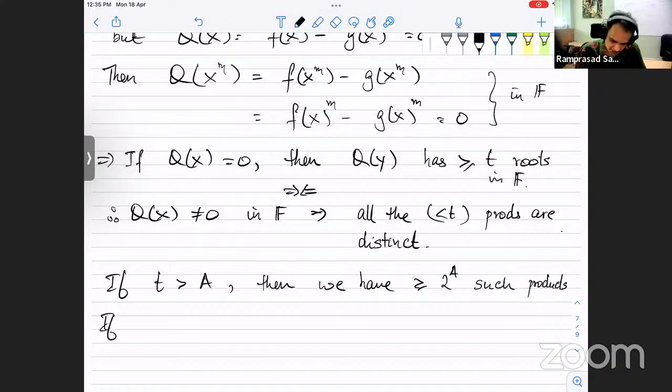And if t is less than or equal to a, then we have at least 2 power t minus 1 such products.